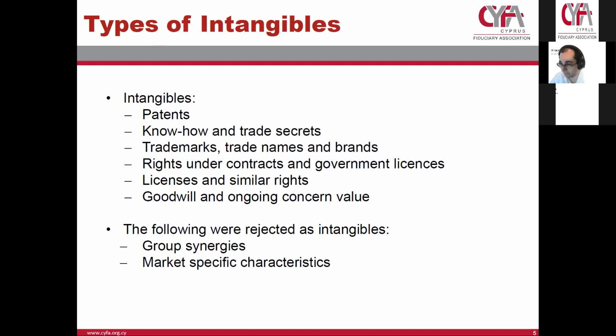So amongst intangibles, you have know-how, you may have trade secrets, client lists, you may have indeed trade names, trademarks, brands, other types of government licenses, and many other types of intangibles.